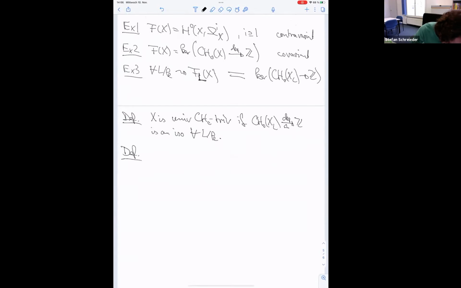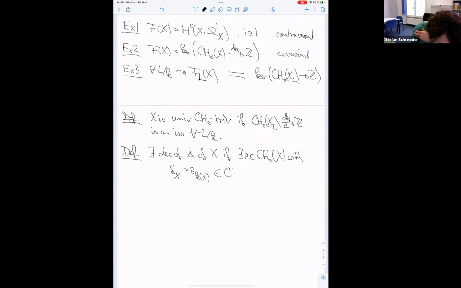And another definition is that there is a decomposition of the diagonal of X if there is a 0 cycle Z on X such that the 0 cycle of the diagonal is the same as the base change of Z. This now happens in the base change of X to the function field. And here, this is the class of the diagonal.